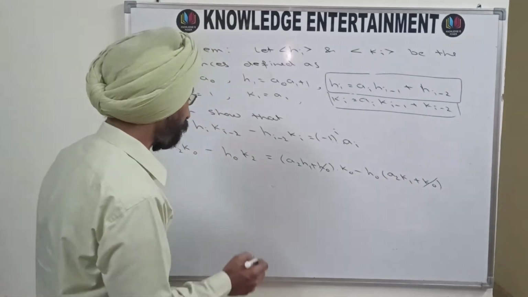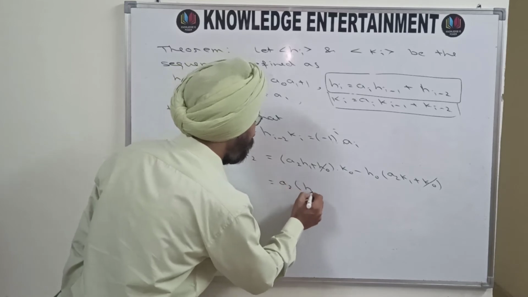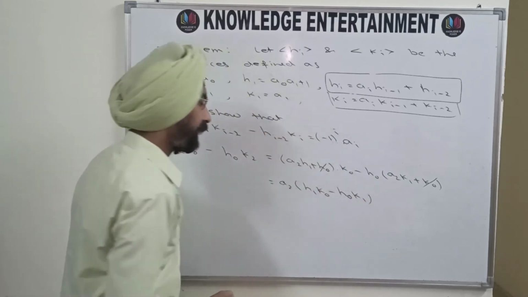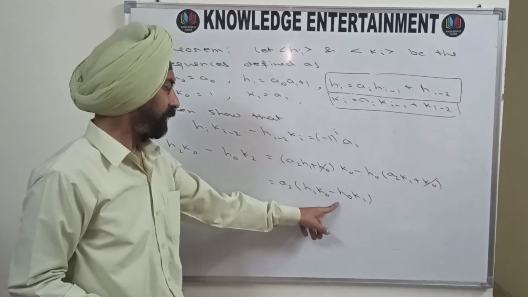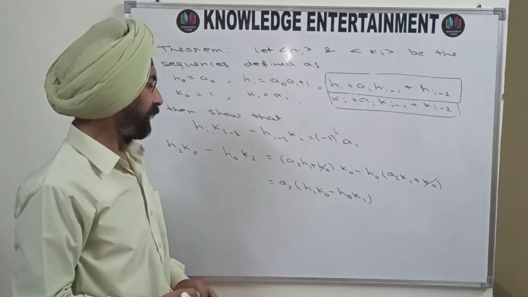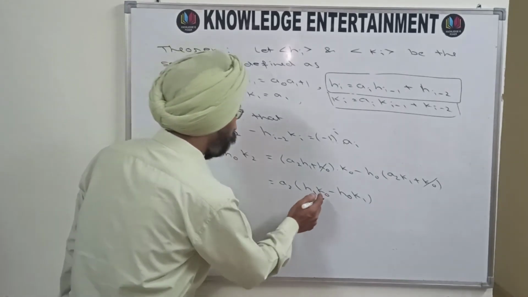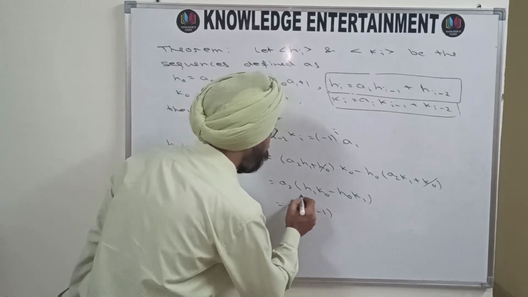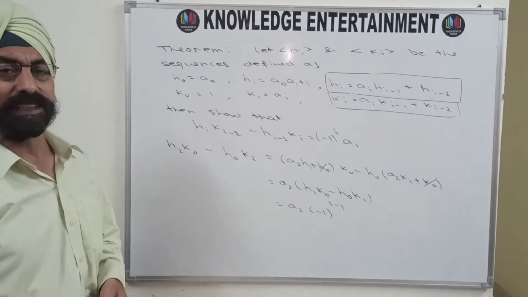So a_2 is also common. You will get h_1 k_0 minus h_0 k_1. And this h_1 k_0 minus h_0 k_1 is (-1) raised to the power 1 minus 1, because of the first part that we just have proved.